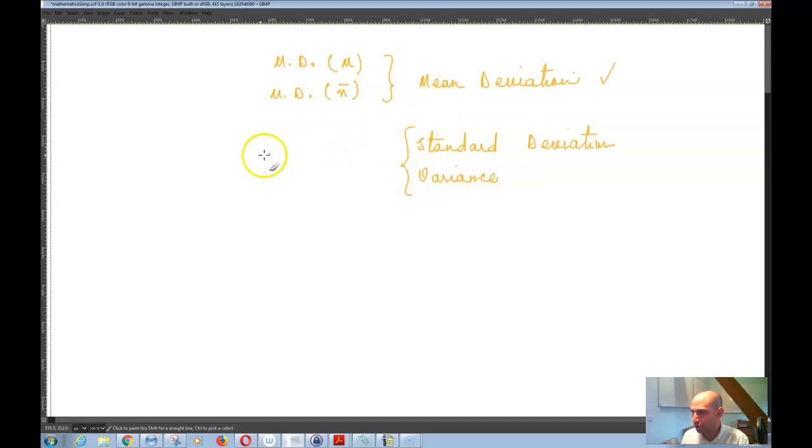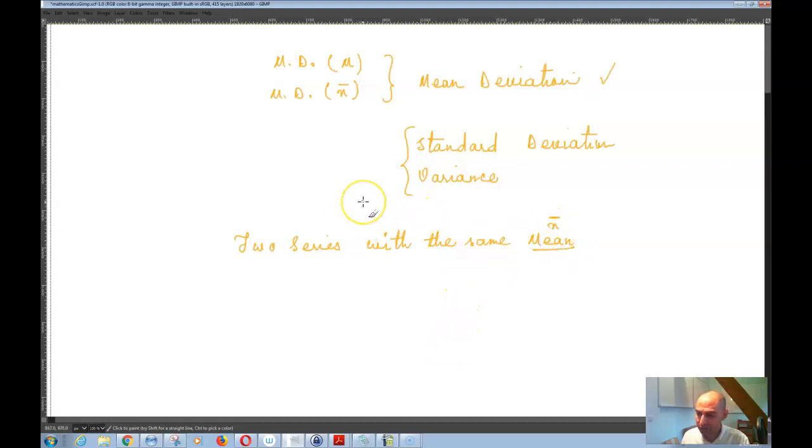Whenever we want to compare the variability of two series with the same mean, it's important that the mean, or x bar, of your data is the same.